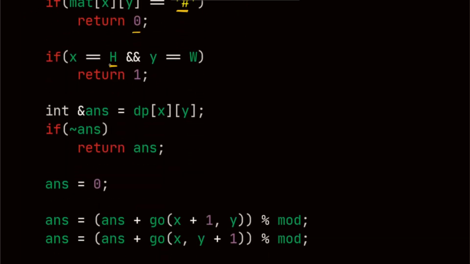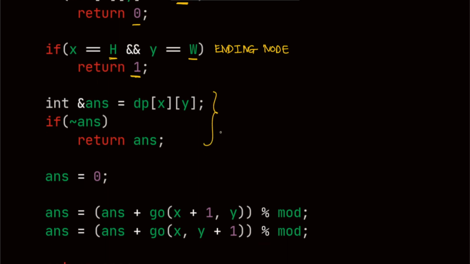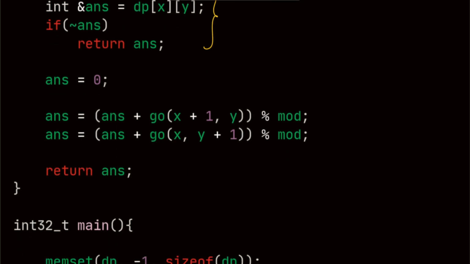Now there is a case where we arrive at the ending node or destination node, and this is one valid way, or we have found one possible choice of path, and we can return 1 from here. This is for the memoization part, and we will find out the number of ways starting from this cell. The convention is x comma y.